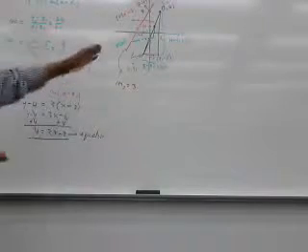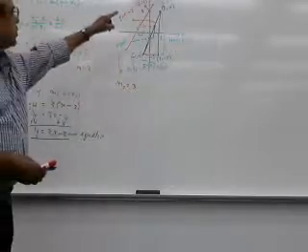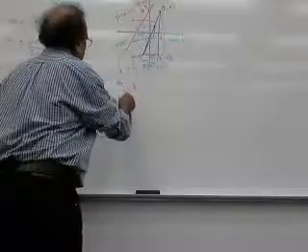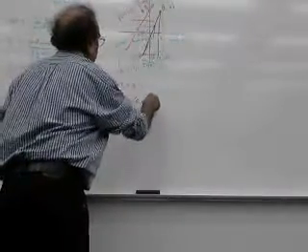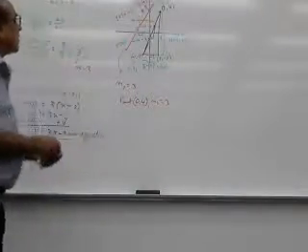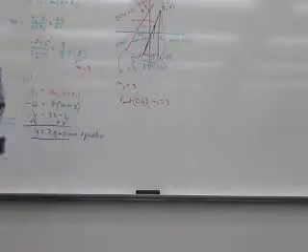So now we know the slope for this line, if it's parallel, and we know a point that the line passes through. So we can use the point (0, 4) and m sub 2 equal to 3, and write an equation for that line. So let's go ahead and do that then.